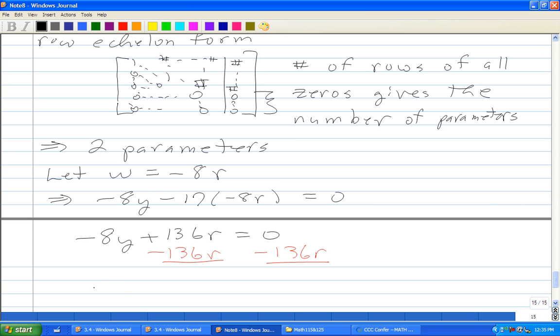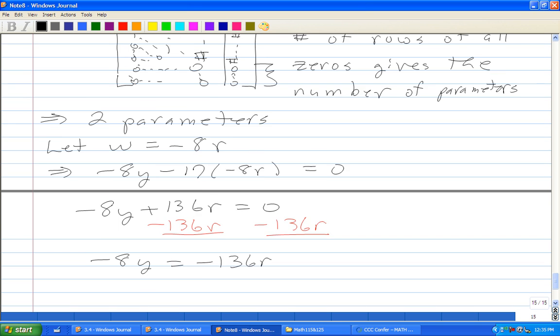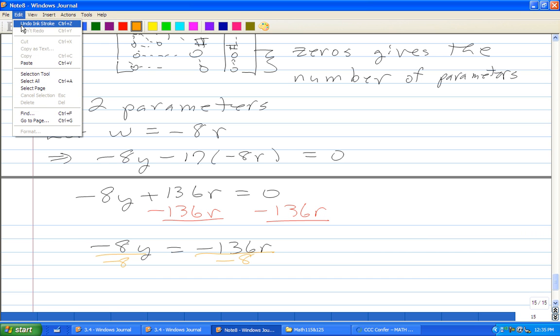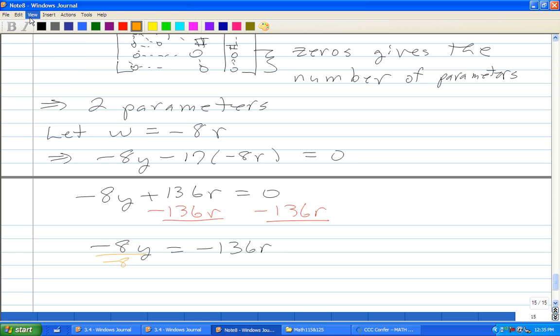So negative 8y equals negative 136r divided by negative 8. Oh, no wonder it looked different. I thought something was fading away. I used orange rather than red. So I got red. Divided by negative 8. And so y equals 17r.